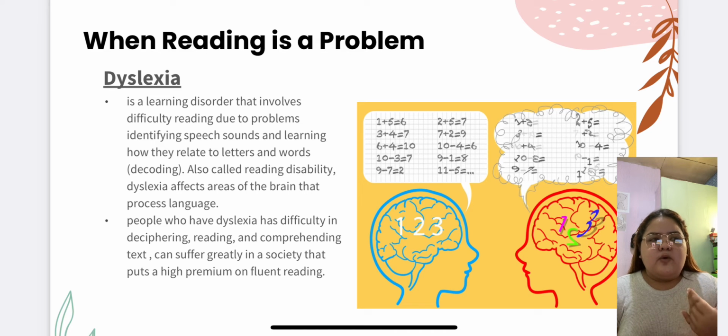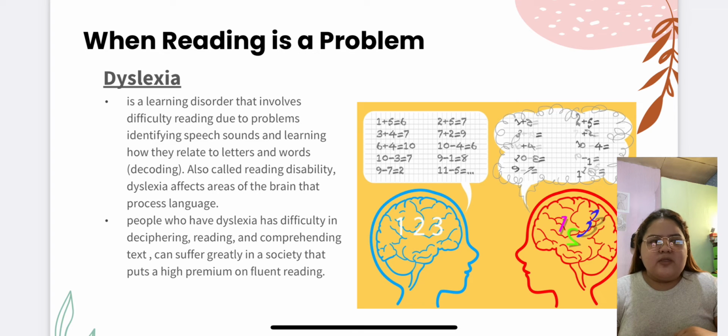Sa normal na tao without dyslexia. So, sa right side, kay, diba, ang 1 plus 5 kay nagbaliktad, tapos, kanang dugay kaayo niya ma-analyze. So, mao na ang pinagkaibahan sa naay dyslexia and wala. Na siya difficulty ba sa reading and apil na ang pag-identify sa mga speech sounds.